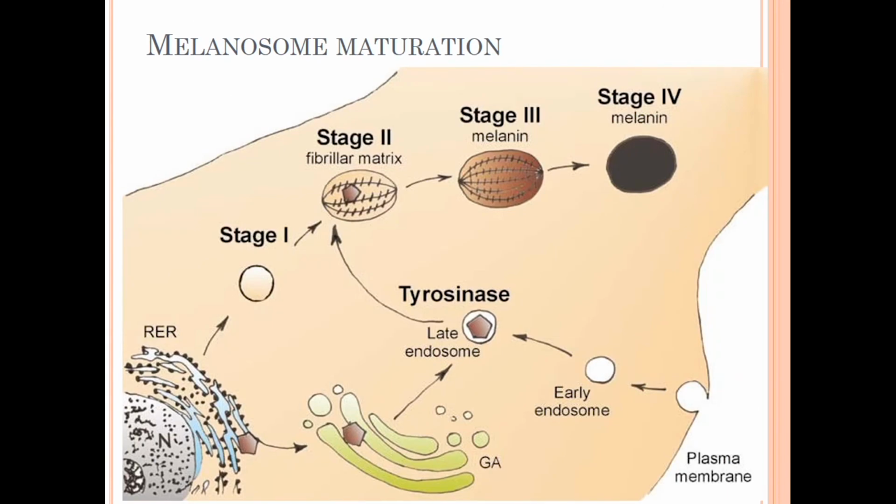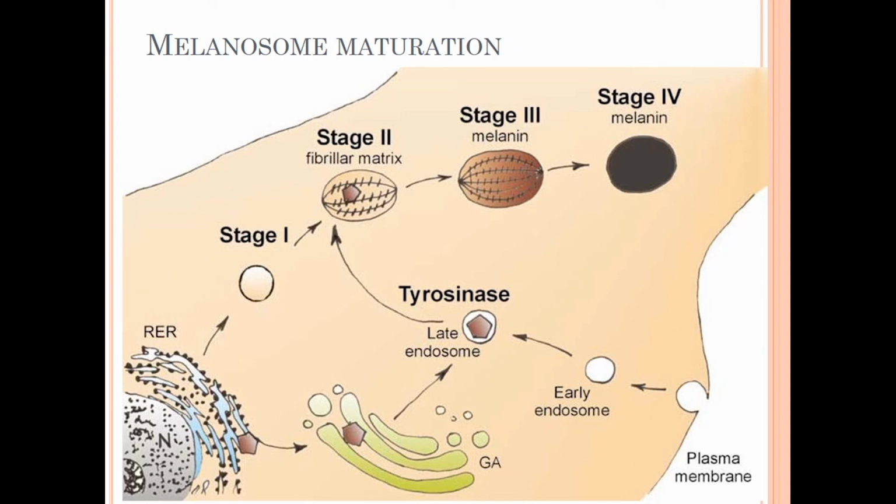This is the rough endoplasmic reticulum where all the proteins are produced, including the fibrillar matrix proteins as well as the tyrosinase enzyme. They are released to the cytoplasm as vesicles and also through the Golgi apparatus as lysosome related vesicles.